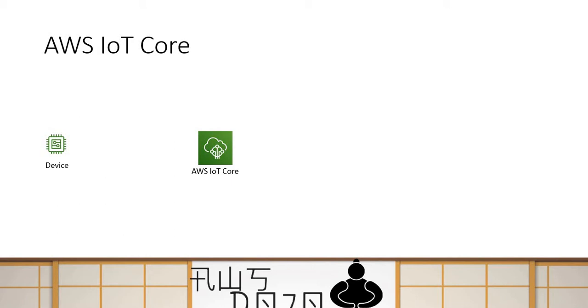But just to give you an introduction, suppose you have a device like a sensor, which you want to configure, and you want to create a two-way communication with your AWS IoT Core. The first thing you have to do is register your device as an IoT thing inside AWS IoT Core. Then, when you register a device as a thing, you have to generate a certificate for the device.